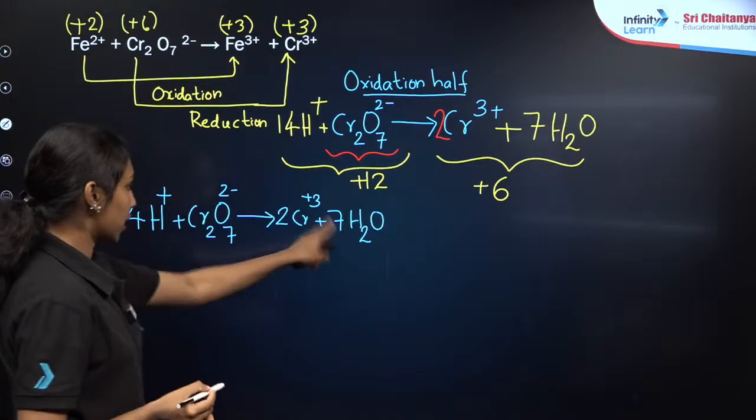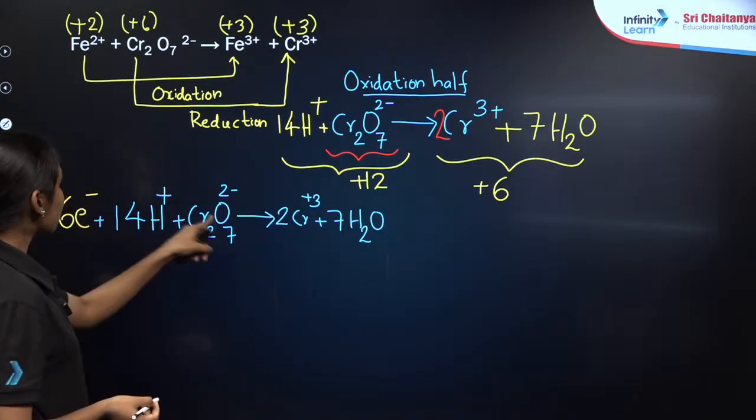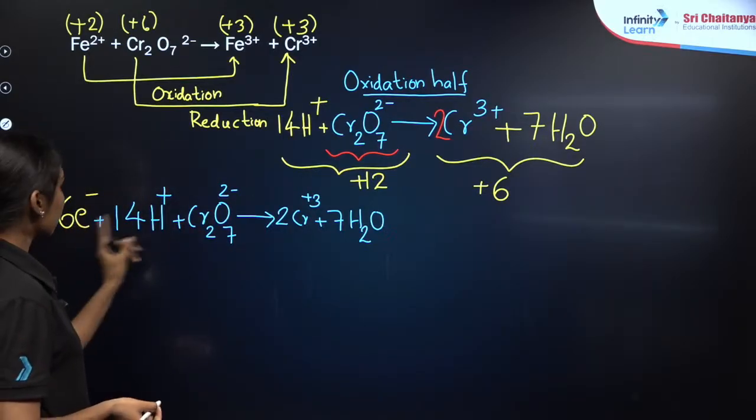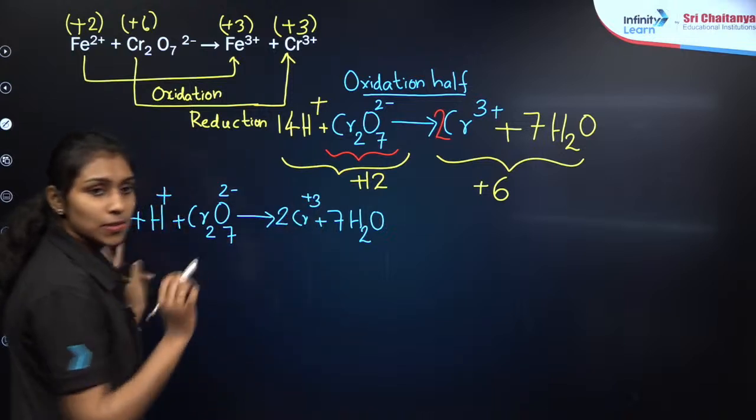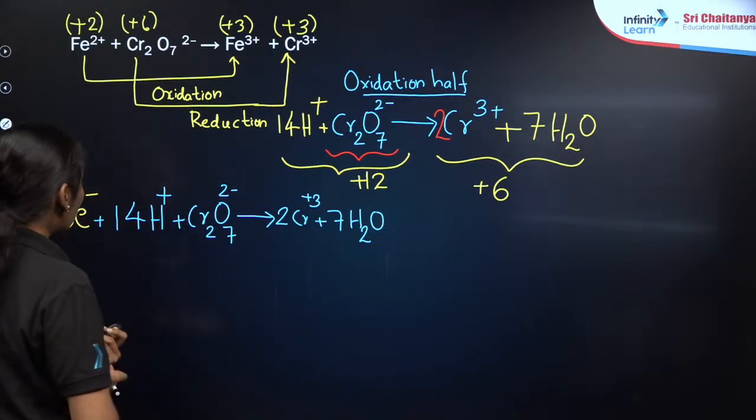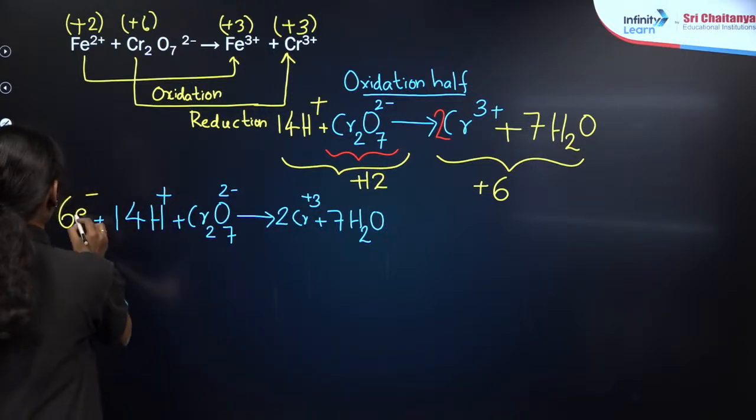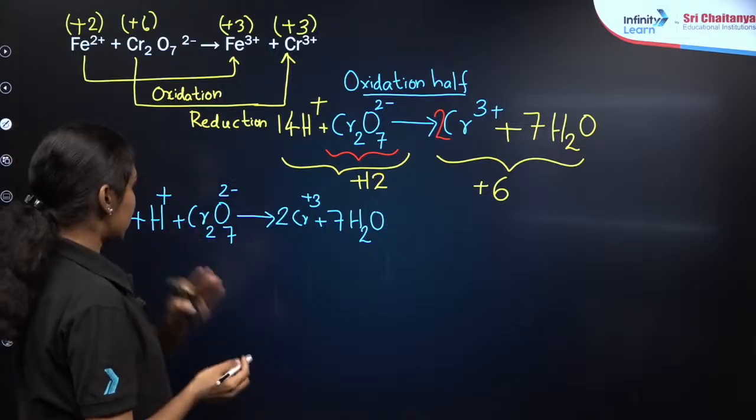Now the charge is balanced, right? Here it is 14 minus 2, 12, minus 6, plus 6. Again 2 into plus 3, plus 6. Charge is also balanced here. This is about the oxidation half.